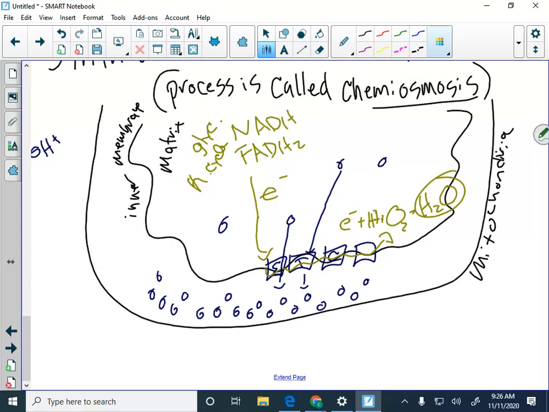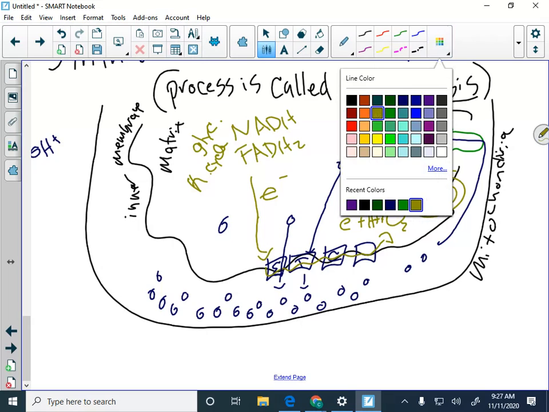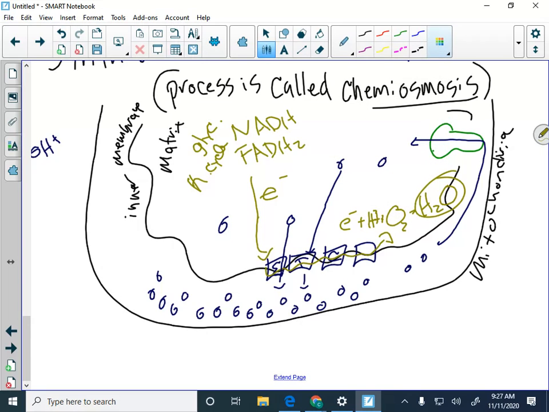And somewhere else, we have our ATP synthase. Looks kind of like a T. And those hydrogen ions are going to flow through ATP synthase, and we're going to get ADP into ATP.